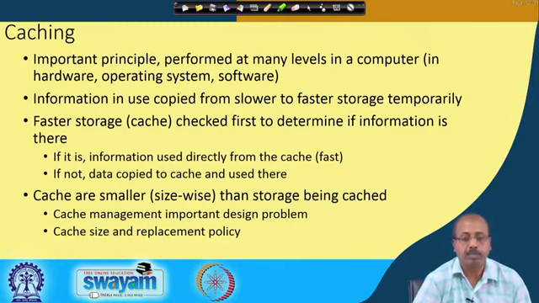It provides faster storage, but the cache size will naturally be small, because the cost of the cache is high. So which data you store in the cache and how you access it determines the management policy of the cache, and that determines the performance of the system.